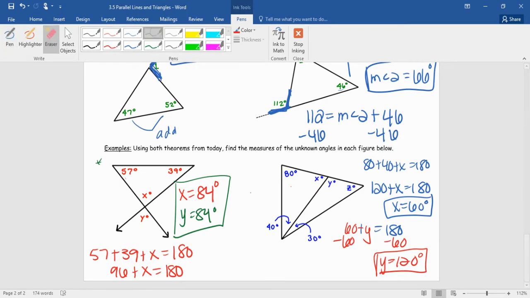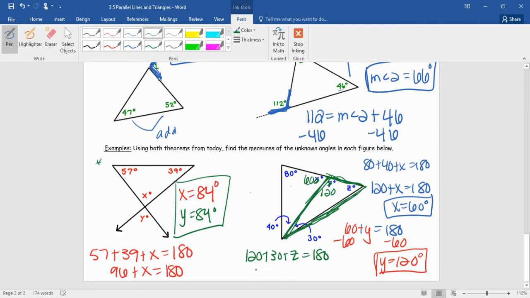Okay, so now we know, I'm going to label my picture back, x is 60, y is 120. And so now I can look at this little triangle on the right side of the picture. I have more information about this now. Now I know that y is 120, this little angle in the corner is 30, and then I have z. So I could do 120 plus 30 plus z. Since it's a triangle, it has to equal 180.